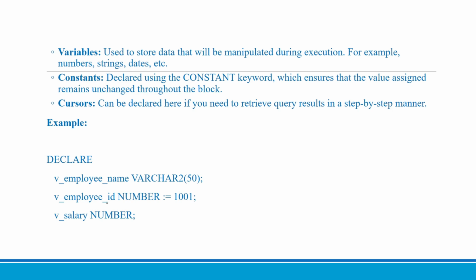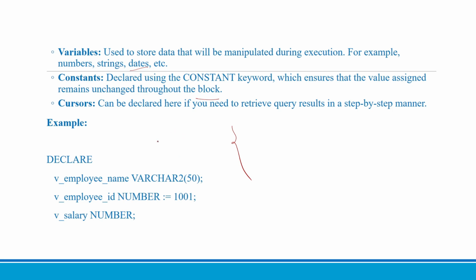This is another example. The variables can be changed or manipulated during execution, for example numbers, strings and dates. Constants mean their assigned value will remain unchanged throughout the code, it will remain fixed.